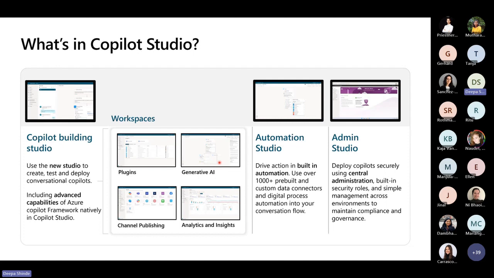You can point to these websites or SharePoint sites, and you don't have to do anything. You just have to ask questions, and it will use those sites to get data back.